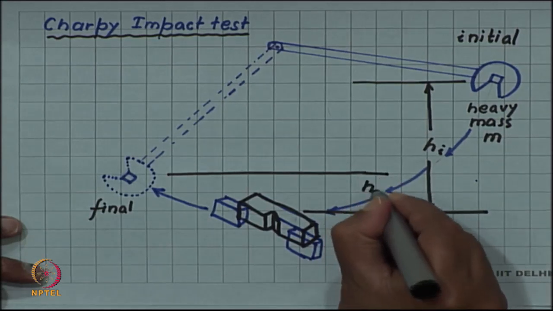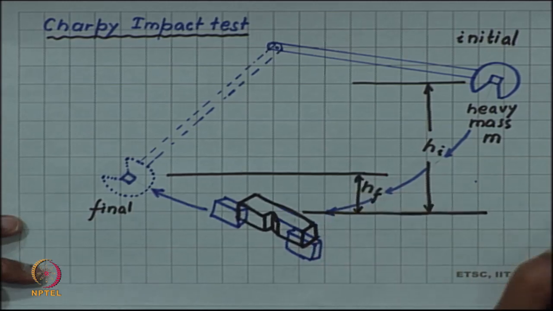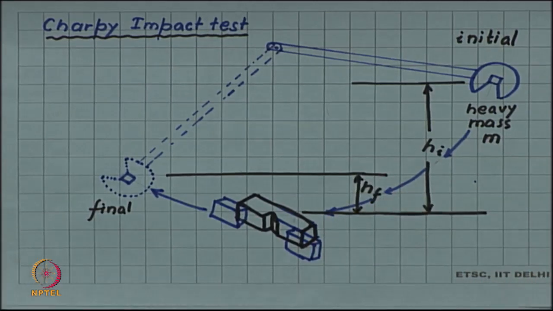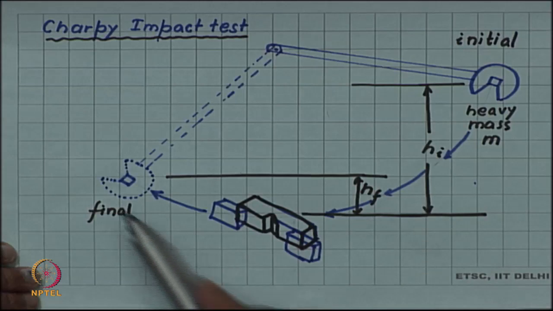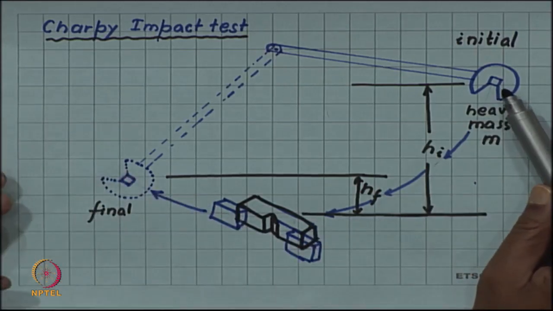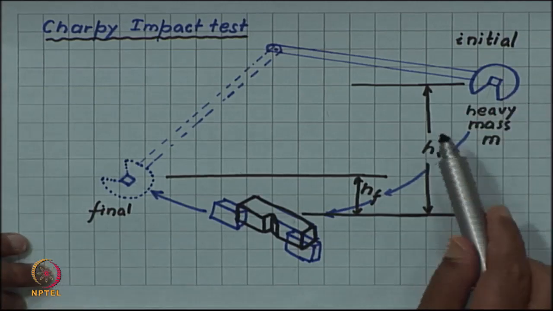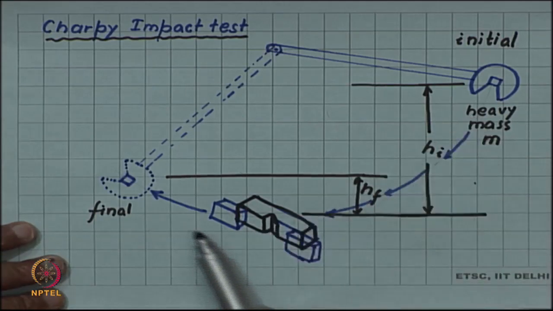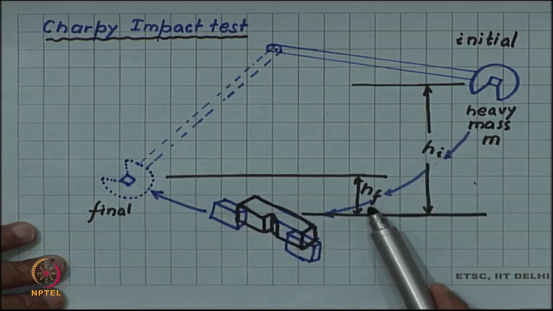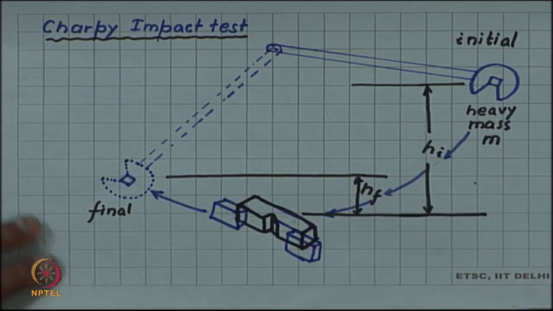It will rise up to a final height h f. Now, if the sample was not present, then the pendulum will swing to the same height on the other side as it was released by the energy conservation. So, this means that now, since it is rising up to a much lower height h f, there is a difference in the initial potential energy and the final potential energy.